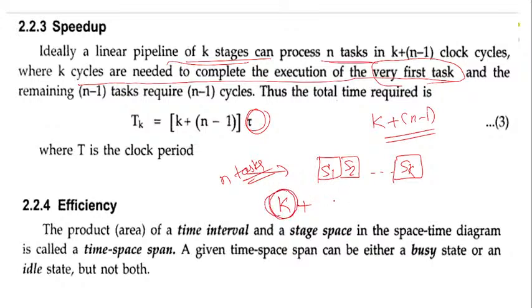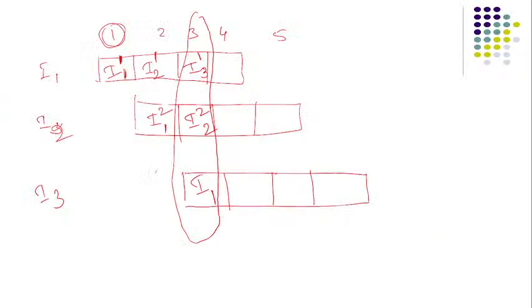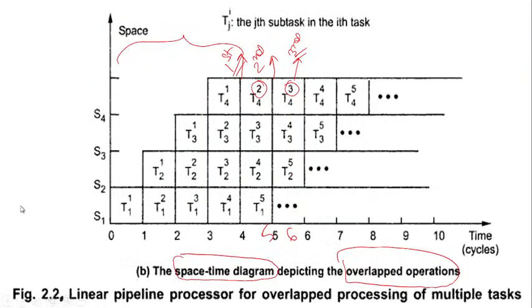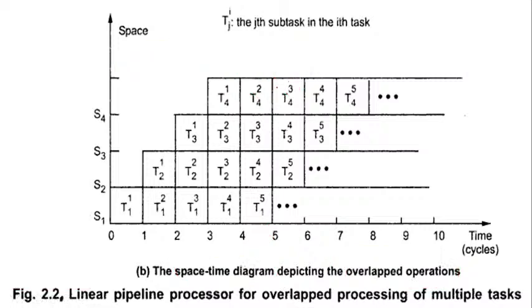And the remaining n minus 1 tasks, because there are n tasks, and for one task k cycles are required. So the remaining is n minus 1. For that n minus 1 cycles are required.